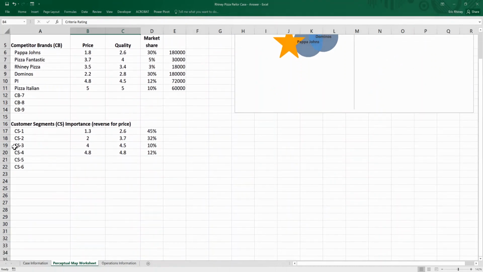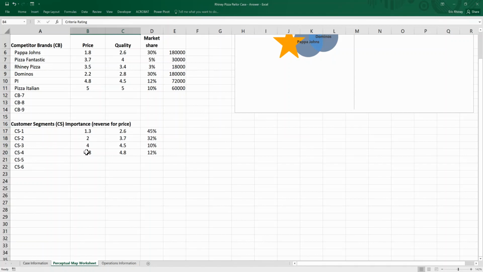We're also given information in terms of 4 customer segments, and again, this is based on price and quality. Now, price is reverse coded, and this is simply so it will fit correctly on the map. So each of these ratings for price is based on a 5-point scale, but as you move up in the number towards 5, that means they're less sensitive to price.